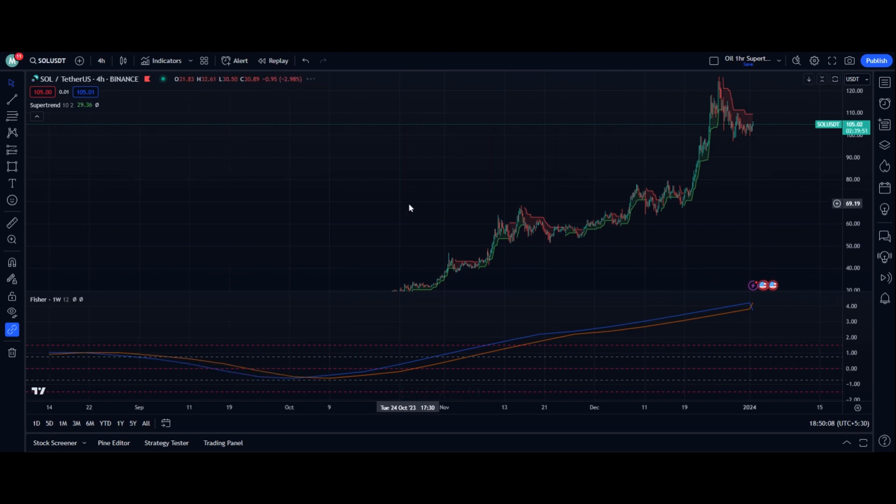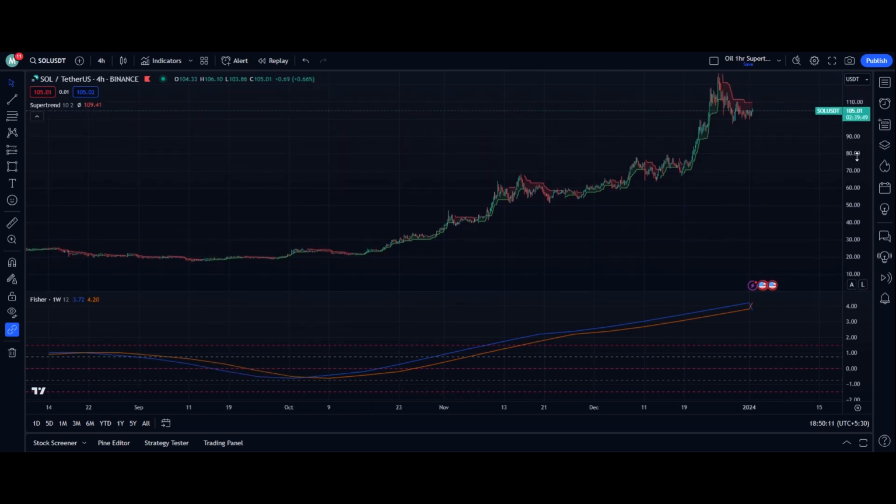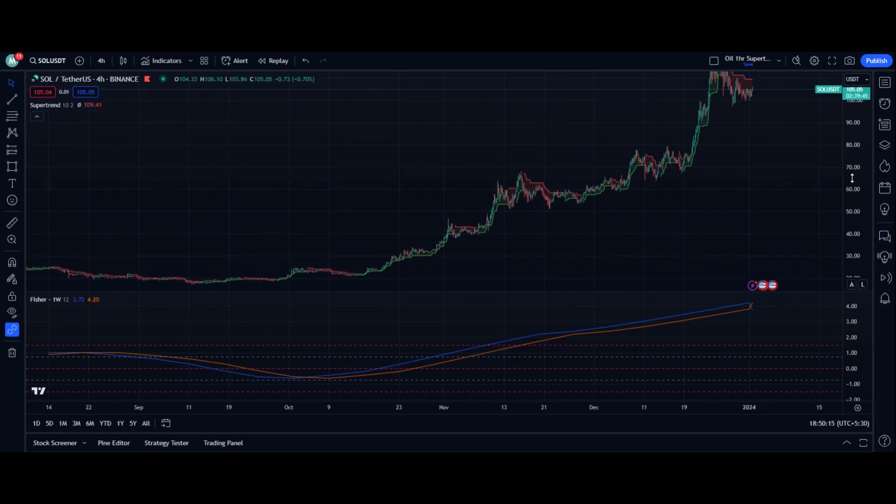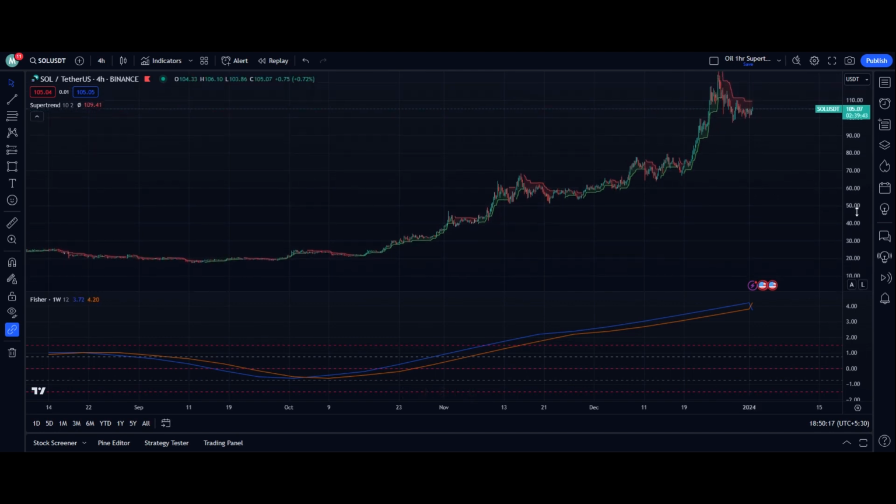We don't want to be stuck in trades that are not yielding. So that's why we need this 4 hour strategy, which is the same Supertrend on the 4 hour, and just the Fisher I just showed you on the Bitcoin chart as well.